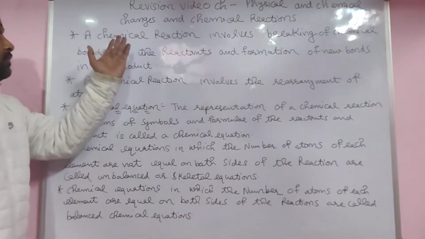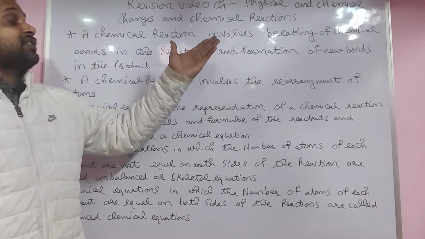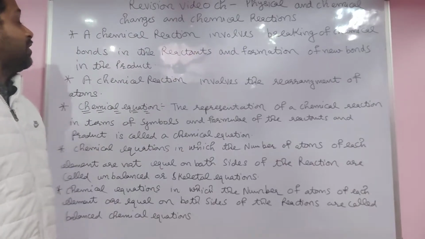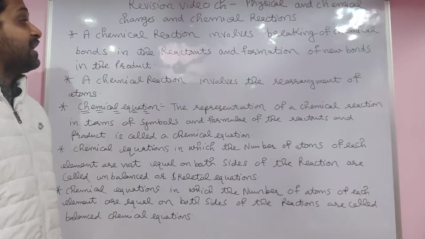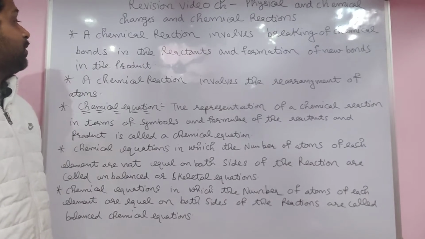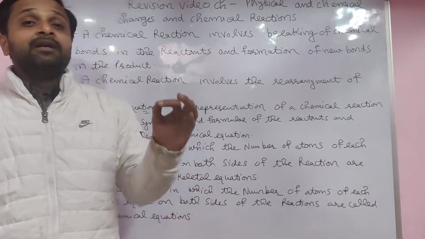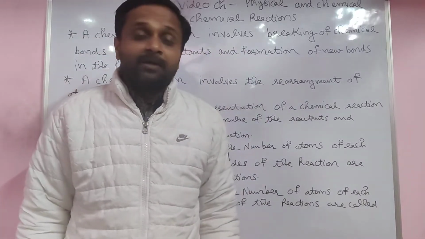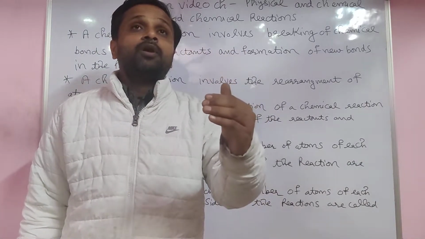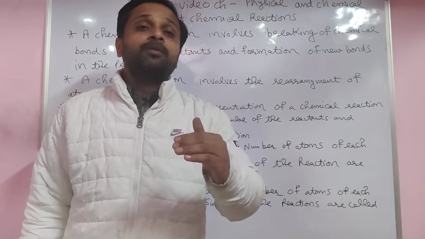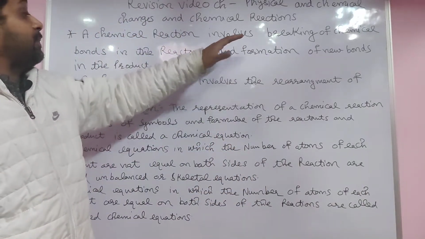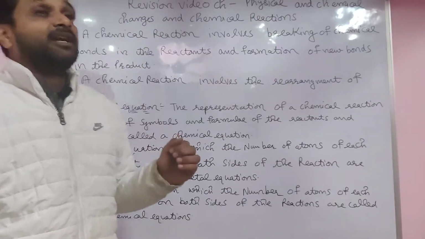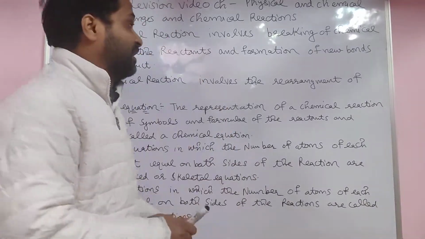A chemical reaction involves the breaking of chemical bonds in the reactants and the formation of new bonds in the products. Any time a chemical reaction happens, the new bond always forms and the old bond breaks.